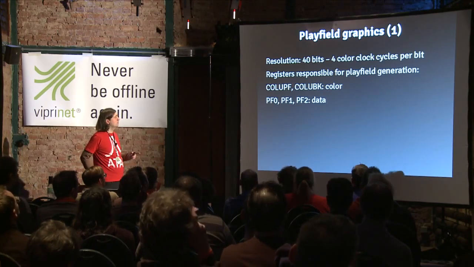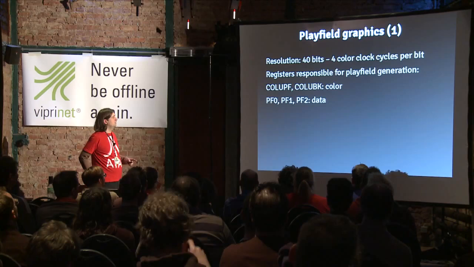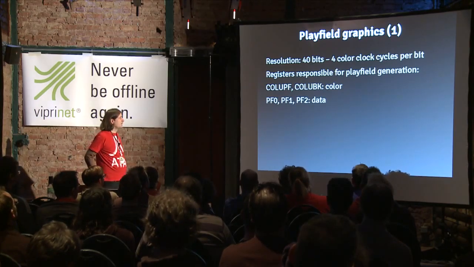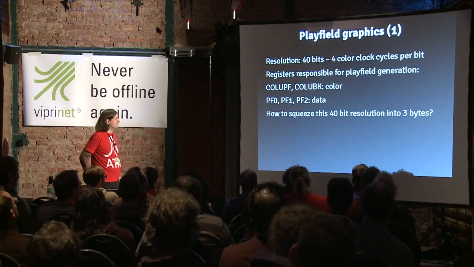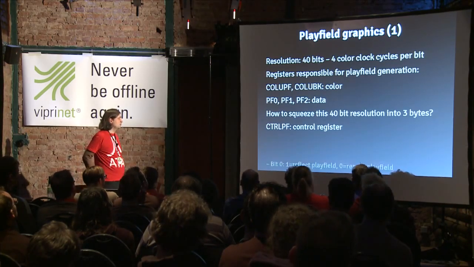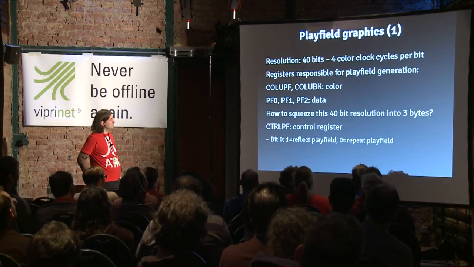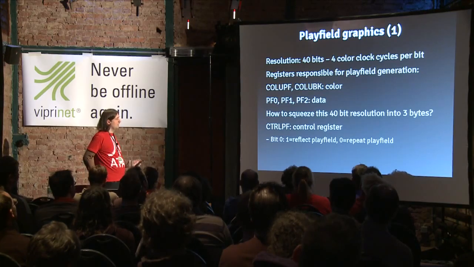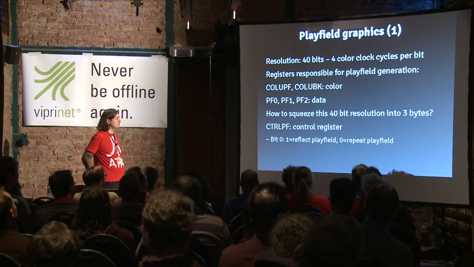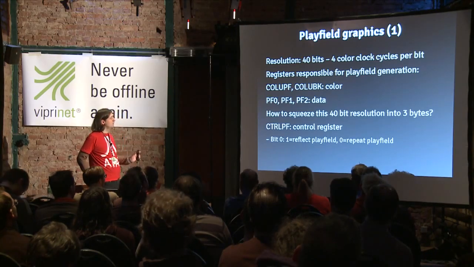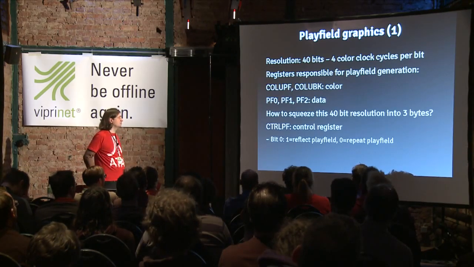But how are we going to fit 40 bits of data into just 3 bytes? It's simple. We've got a control register in which we can tell that we only have 20 bits of data. And once these are drawn, we can decide if the same data should be drawn again for the second half or if it should be displayed in a mirrored way.